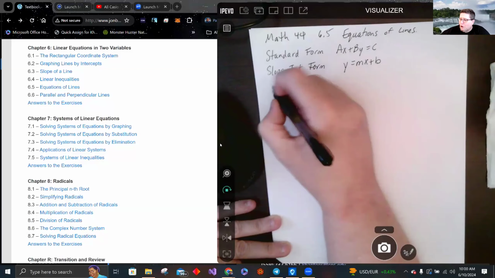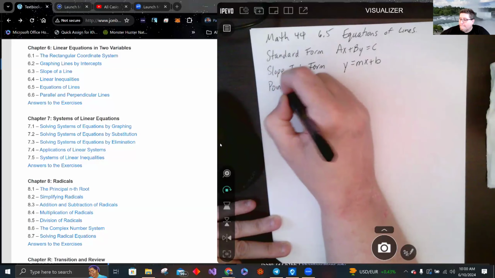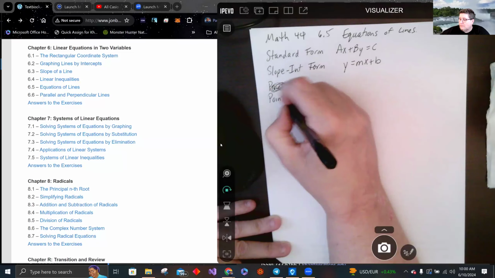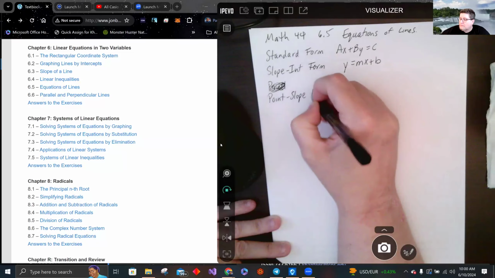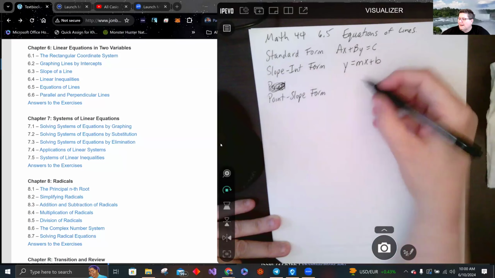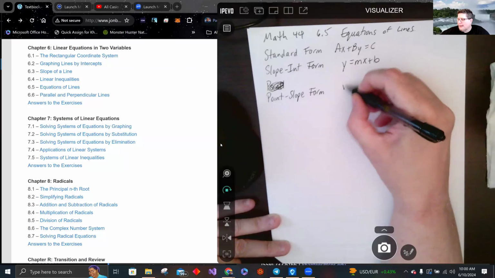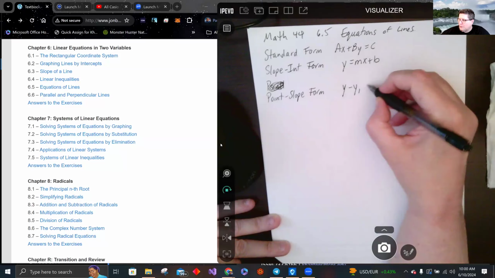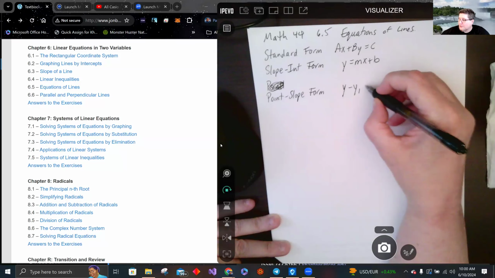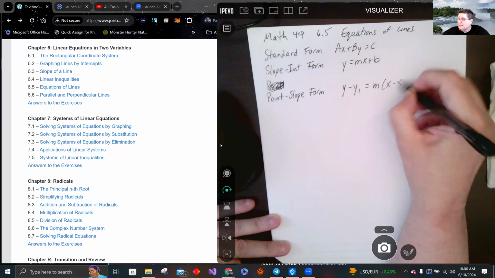And then there's another form. It's called the point slope form. And this one is y minus y1 equals m times x minus x1.